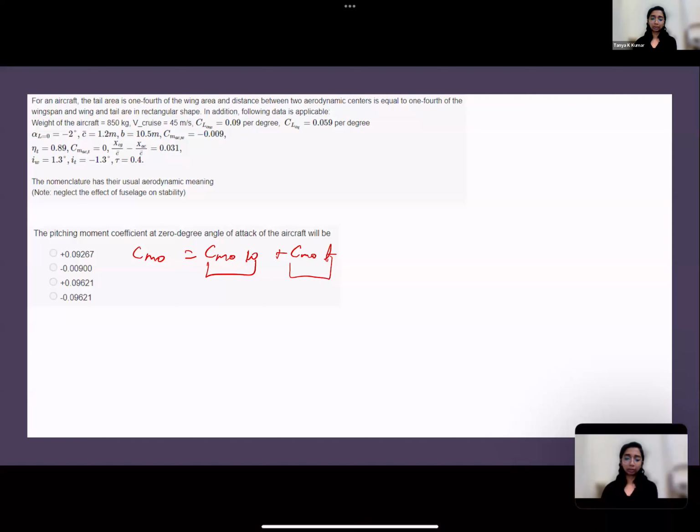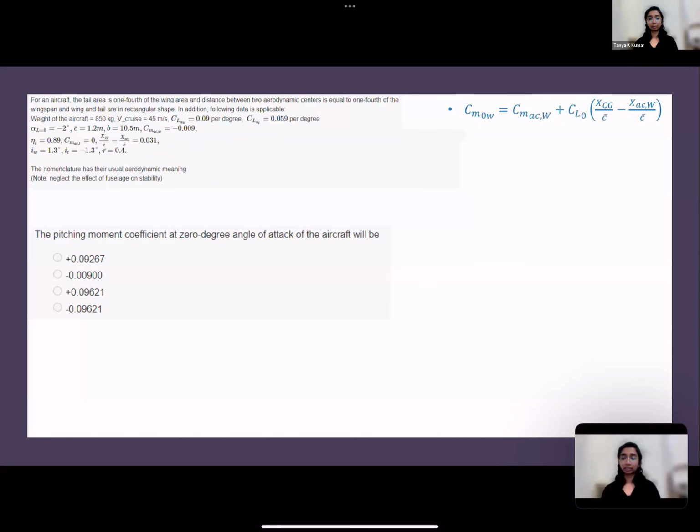What is the formula for Cm naught wing? This is one of the first things that we had discussed in the first 2-3 weeks. And let me give you the formula for Cm naught of the wing. This is the formula. Try finding it.